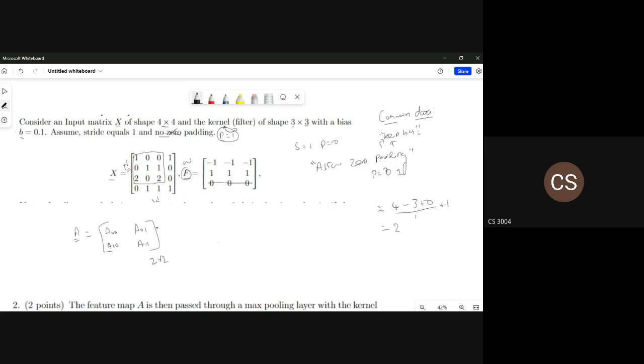You explicitly write everything on your paper. Do not do any mental calculation, or you may end up making mistakes. I'm just writing these elements: 1, 0, 0, 0, 1, 1 and 2, 0, 2. But being aware of the structure that one of the rows of F is completely zero, what should I do?